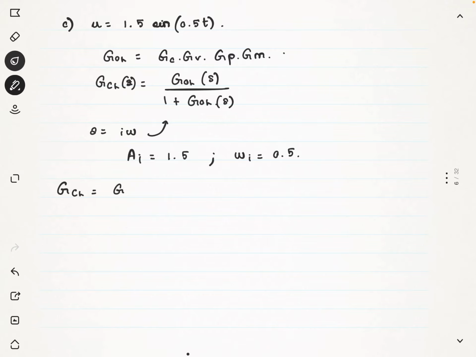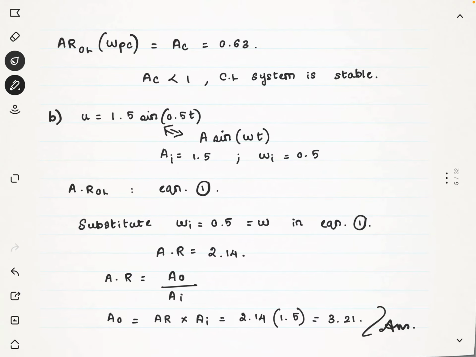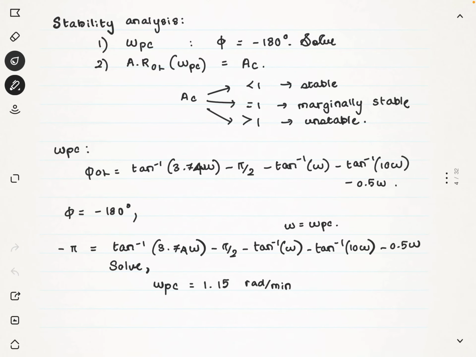Is equal to GC into GV into GP into GM by 1 plus GC into GV into GP into GM. And if you go to subdivision 1, we have the equation for the phase shift.